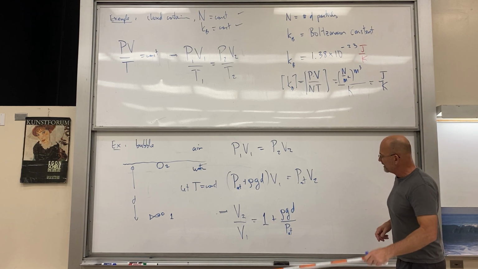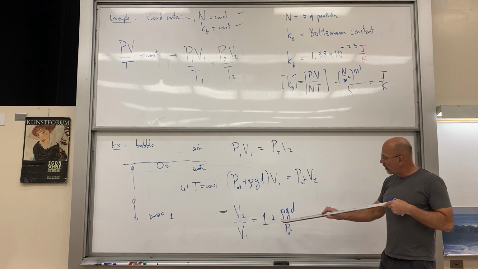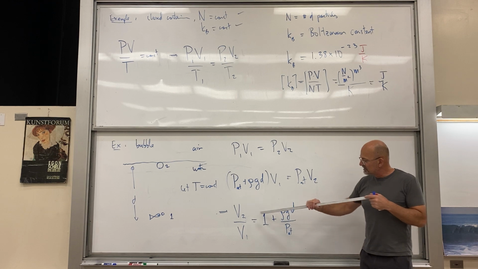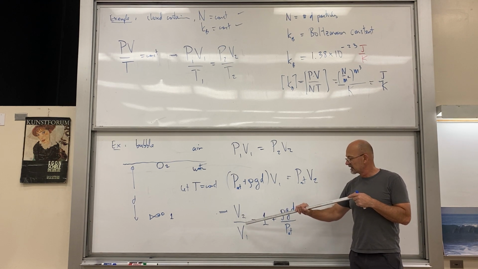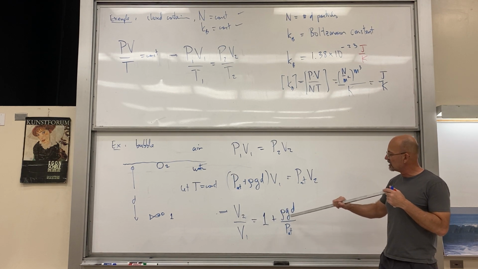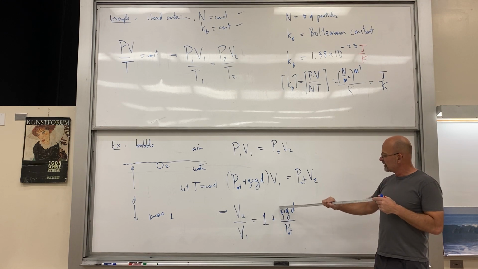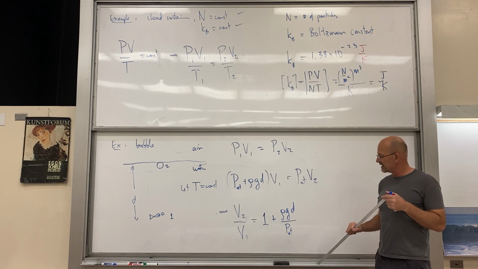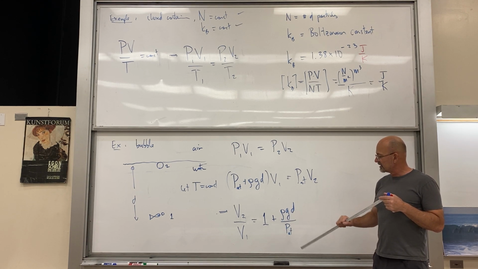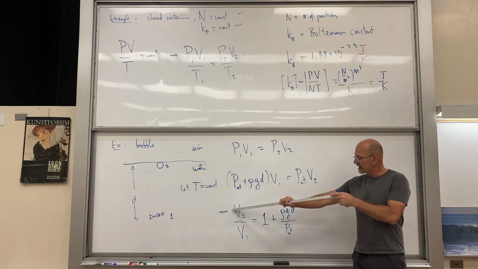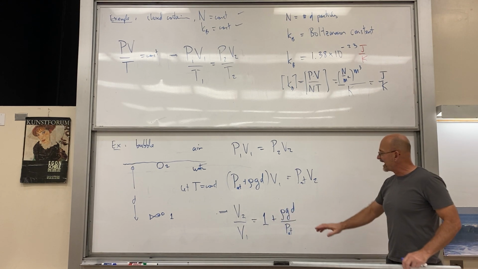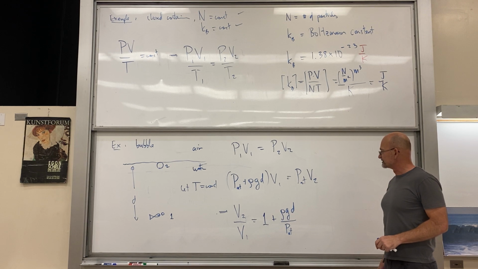That's not bad. You could, for example, ask what depth would double the volume? What depth would triple the volume? Well, double the volume is pretty good. The depth that would double the volume would be when rho g D over atmospheric pressure is equal to 1, right? And then we'd have 1 plus 1 on this side, and we'd have 2 on that side. So yeah, you can answer those types of questions.